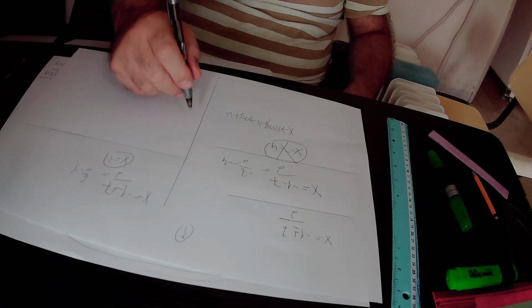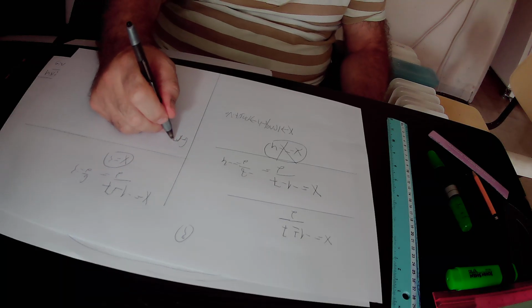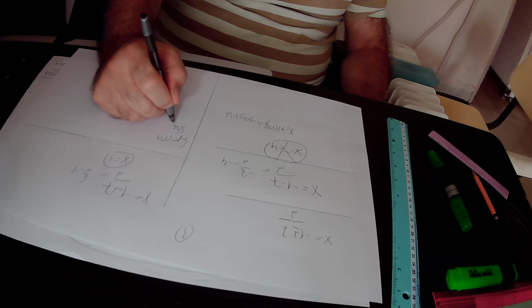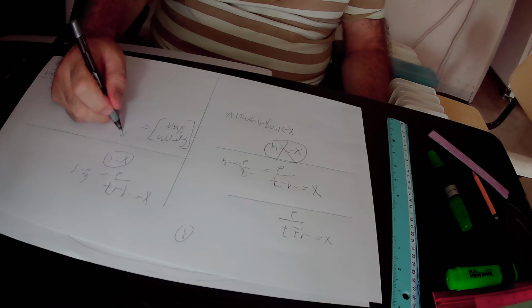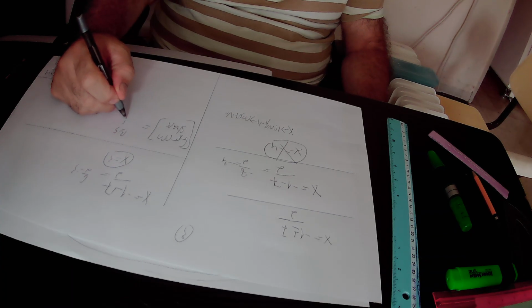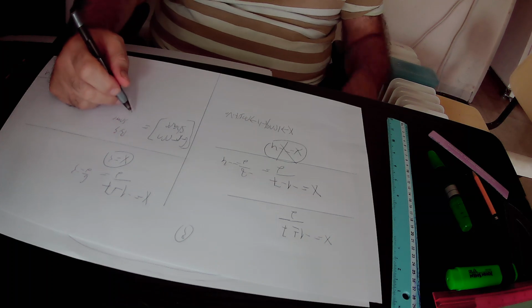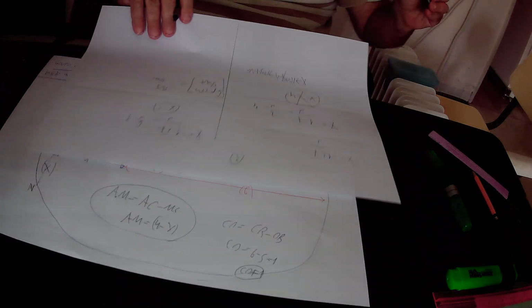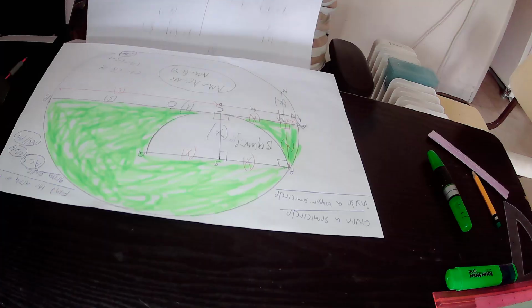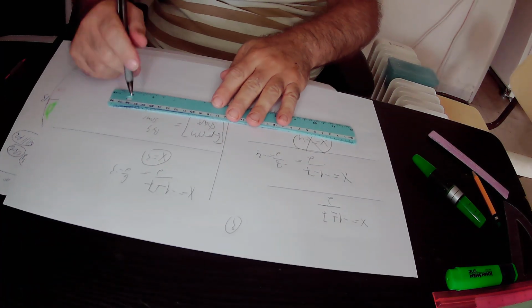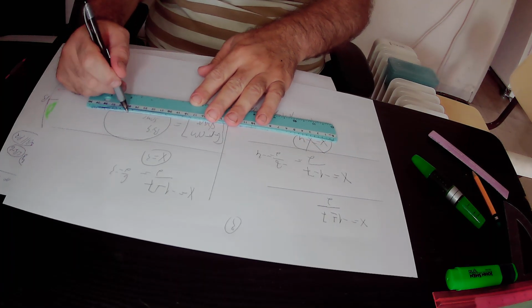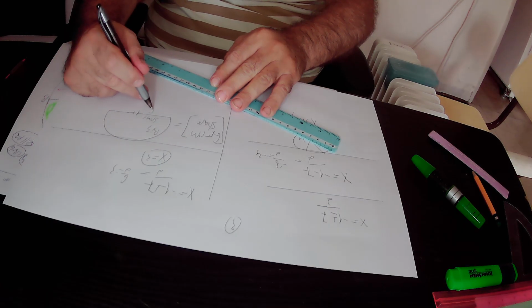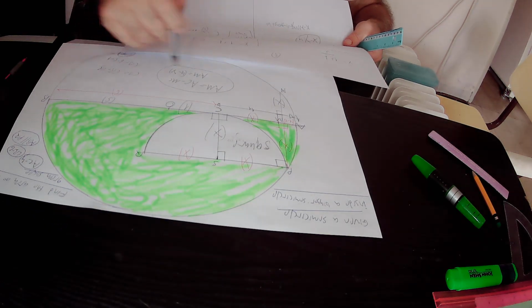We know that the area of the green shape in total is equal to the area of the big semicircle, whose radius we found equals 5, minus the area of this small semicircle.